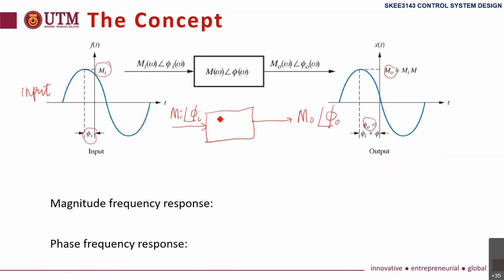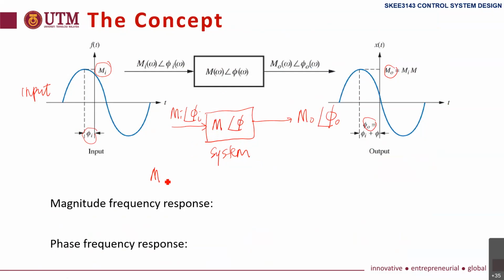The system, usually written as G(s) in Laplace, in the frequency domain we can imagine is also represented by M and phi. If we represent the system using M and phi as a phasor, we can obtain M naught.